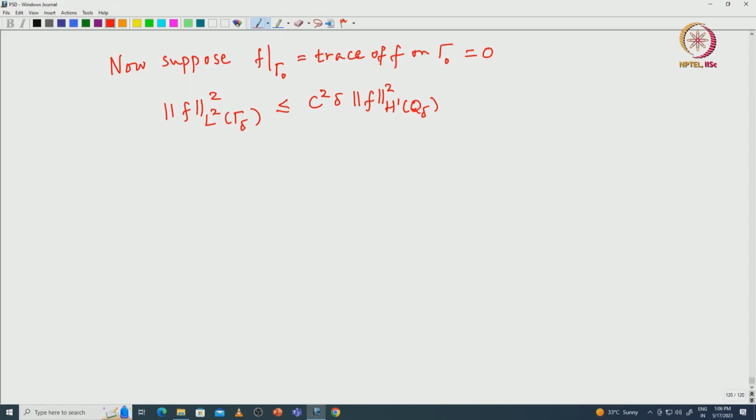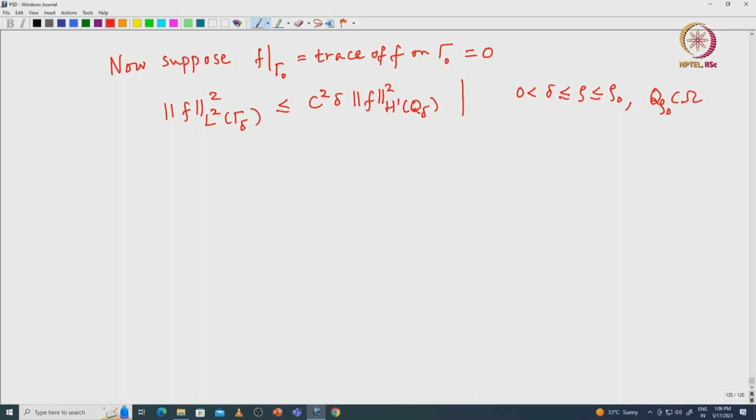Now, for example, we can take, this is again a technical thing, you can fix delta less than or equal to some rho 0, and you fix rho 0 such that this Q rho 0 is in omega. I am just omitting that.